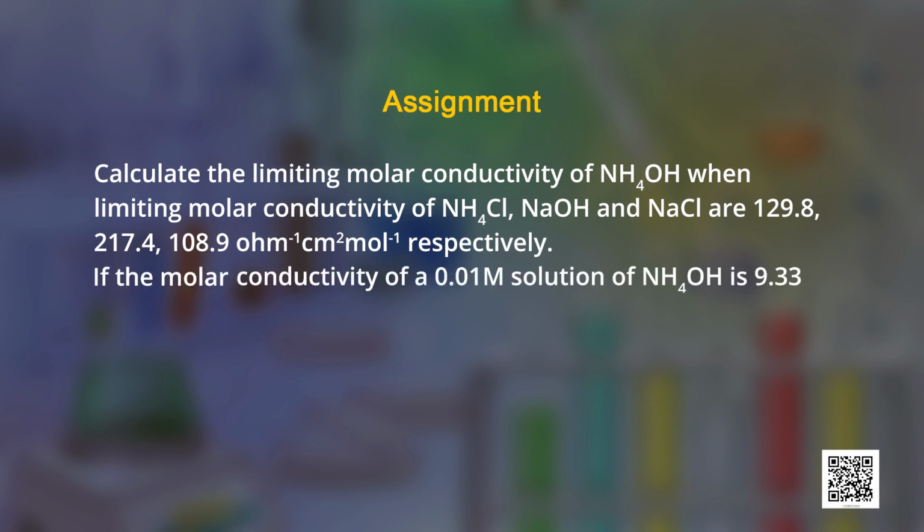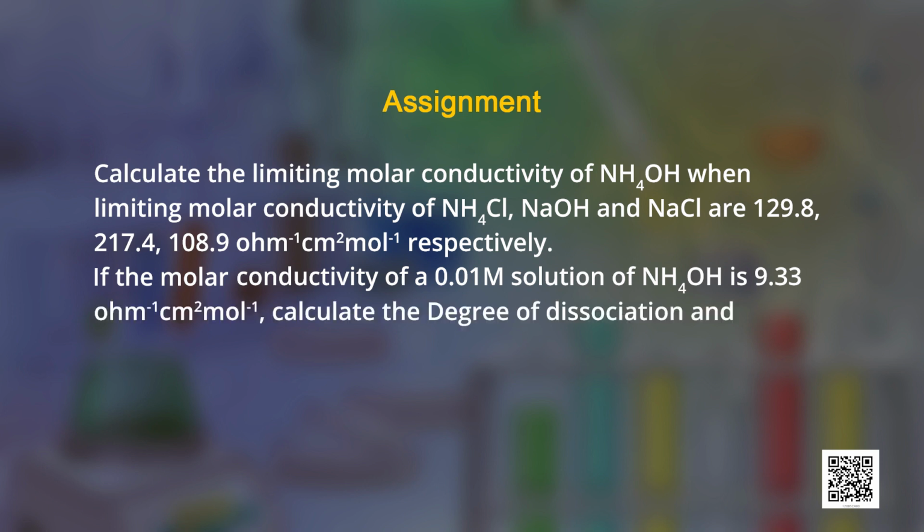If the molar conductivity of a 0.01 molar solution of ammonium hydroxide is 9.33 ohm inverse centimeter square mole inverse, calculate the degree of dissociation alpha and dissociation constant Ka for ammonium hydroxide.